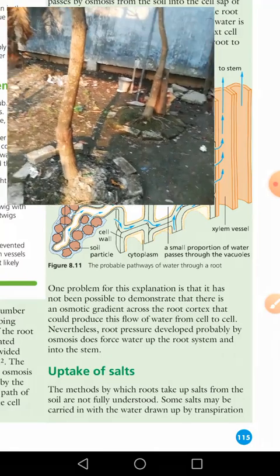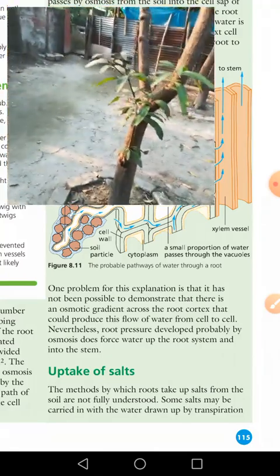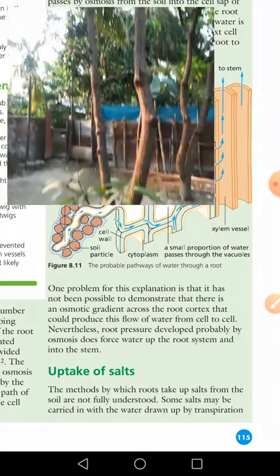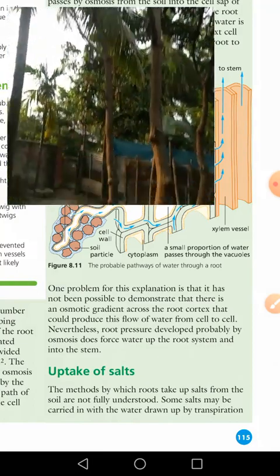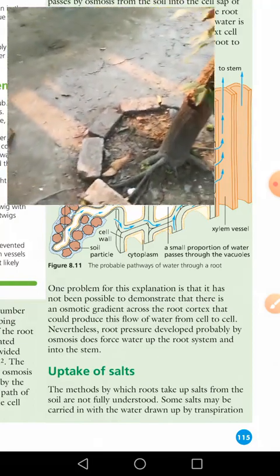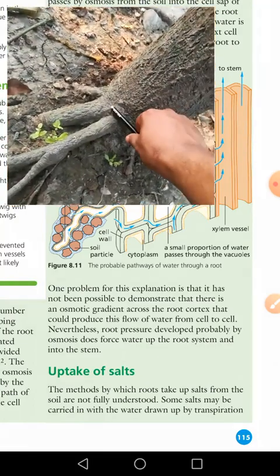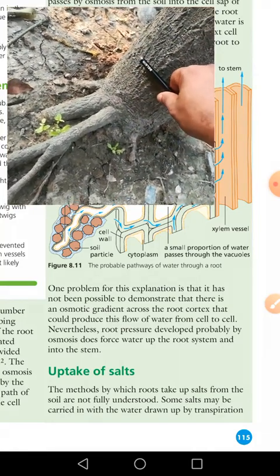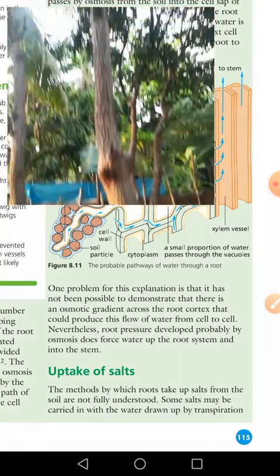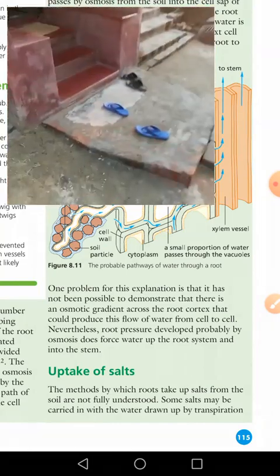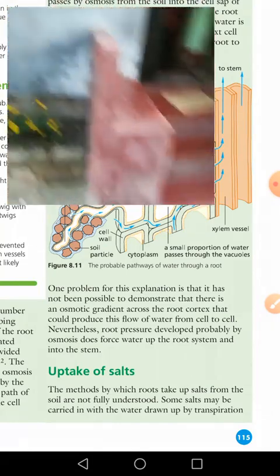But in these very large plants, the root pressure can transport water maybe only up to this height. But what about such a long height? How will water be transported along the whole of the height?